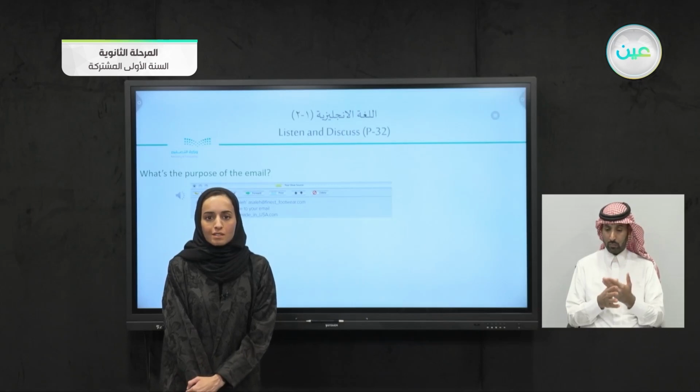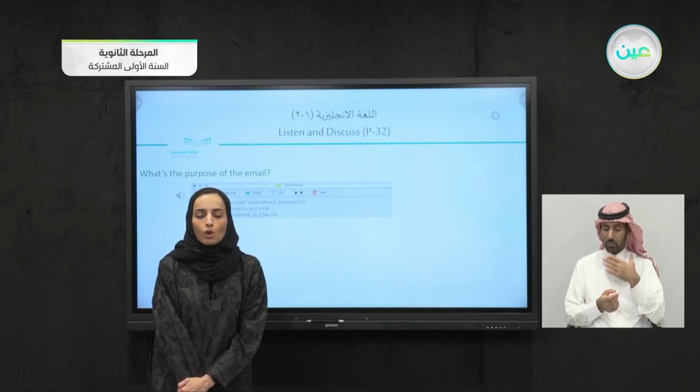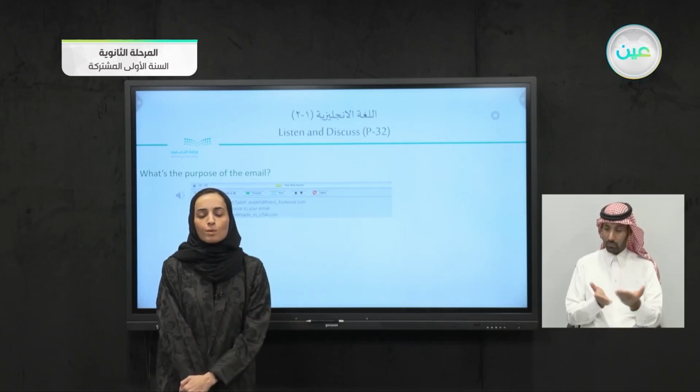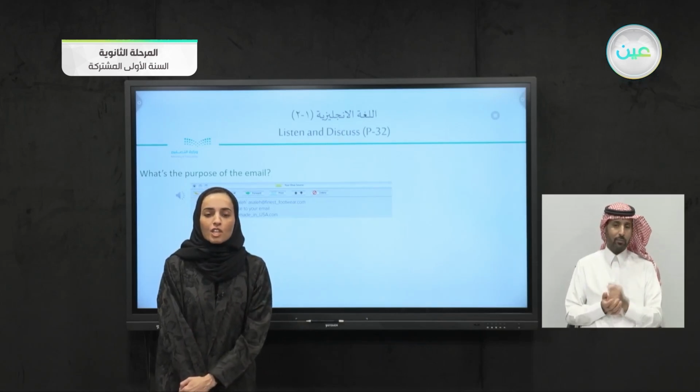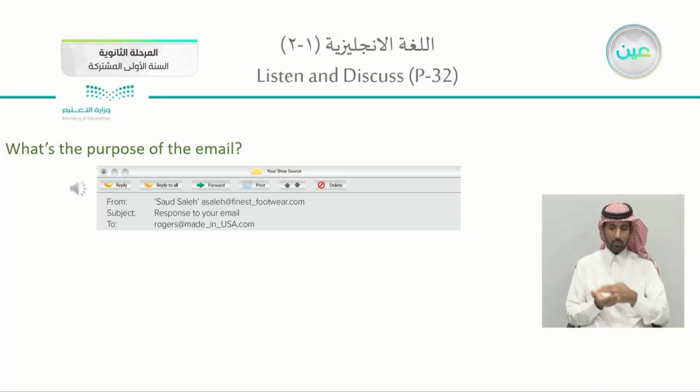Why is it sent? Is it to ask for a favor, or to say sorry, or for an invitation, asking people to come? Let's check the first one and you will tell who is writing this email, and why it is sent from one to the other.